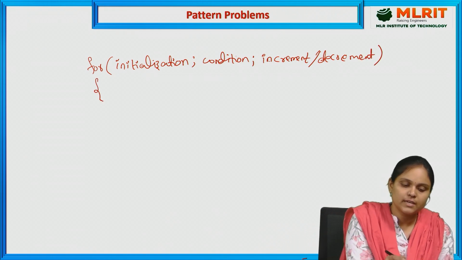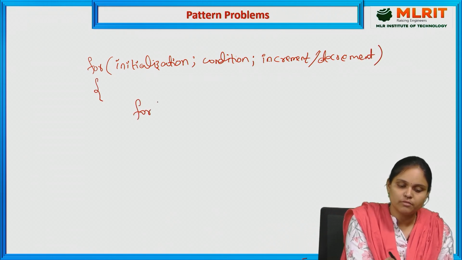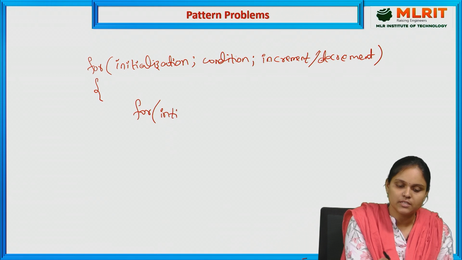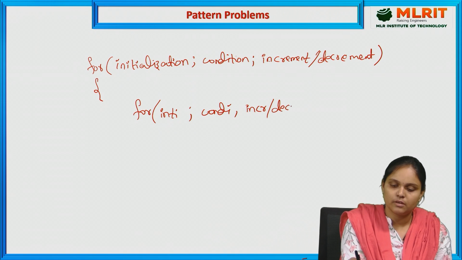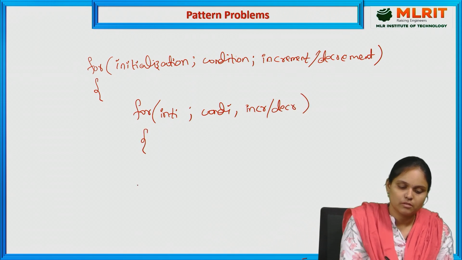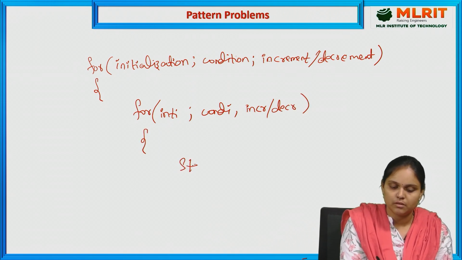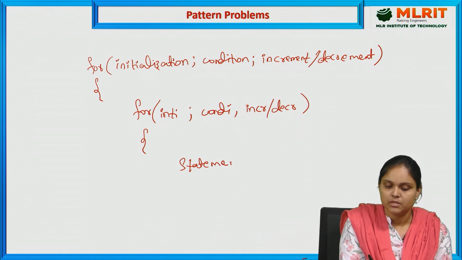And inside this, one more for we are taking, again with initialization, condition, and increment or decrement. So this is a statement block. Here we are writing some statement block.